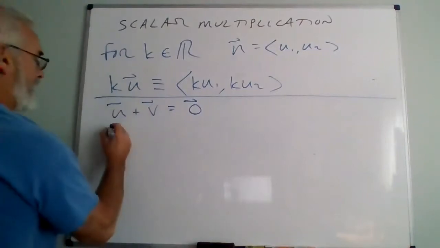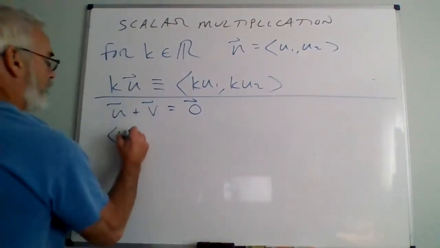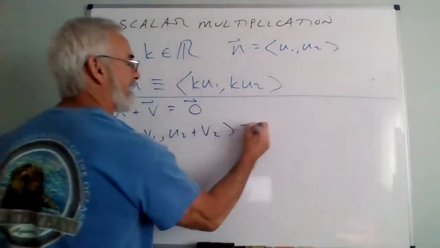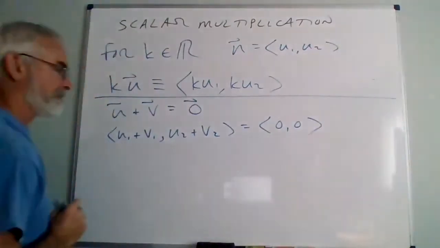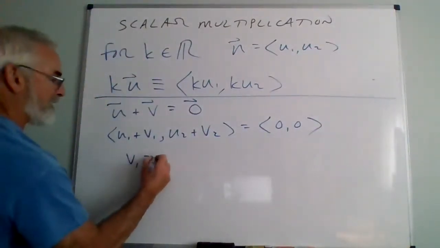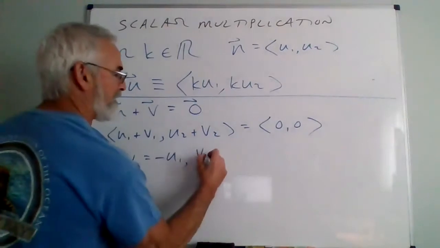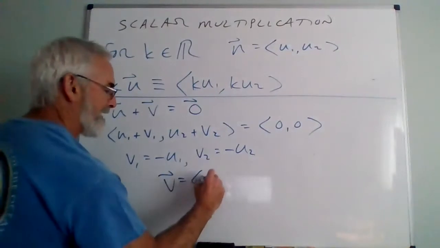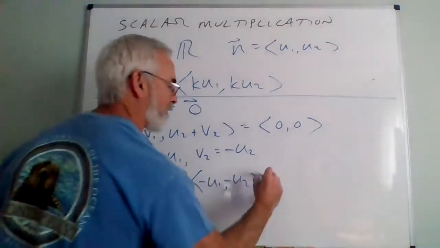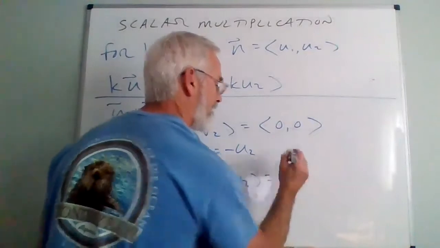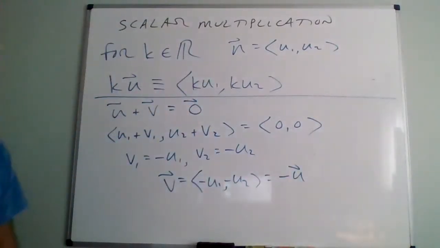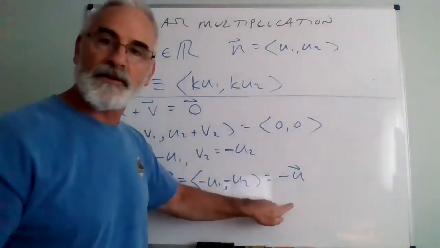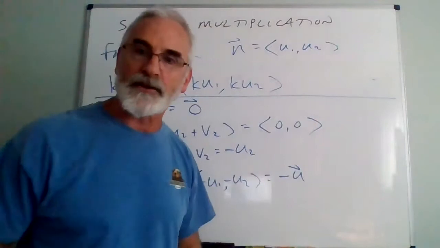Well, according to what I have, this means that (u1 plus v1, u2 plus v2) is equal to the vector of zeros, which would mean that v1 must be the negative of u1 and v2 must be the negative of u2. So vector v would be (negative u1, negative u2), or more simply negative u. Negative u is the same as negative 1 times u. So every vector has an additive inverse. It'd just be negative 1 times that vector. That's just like real numbers.